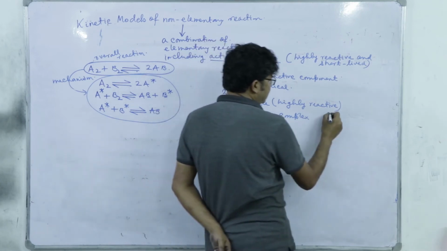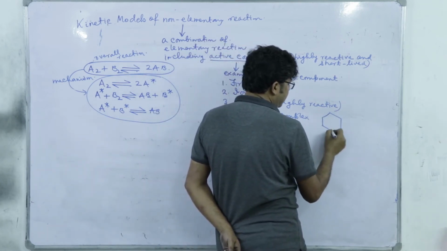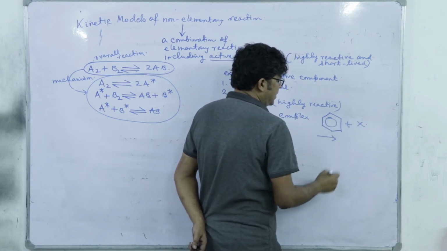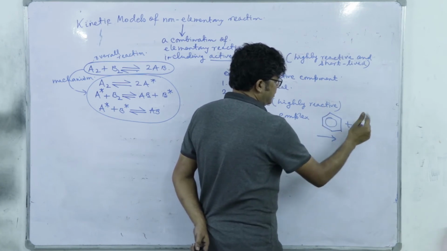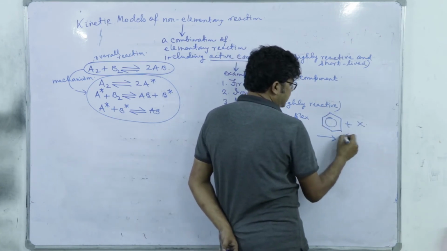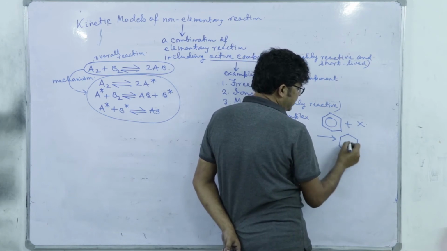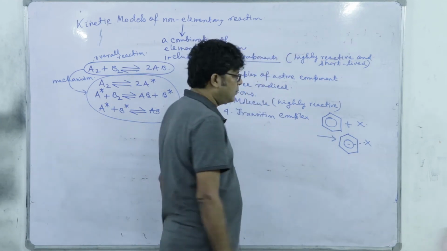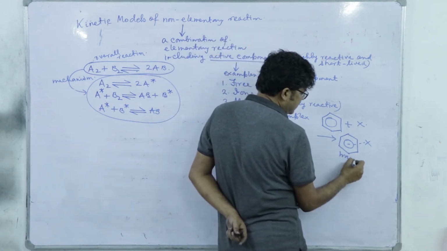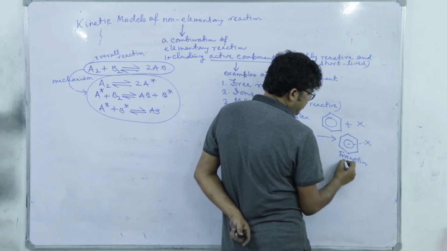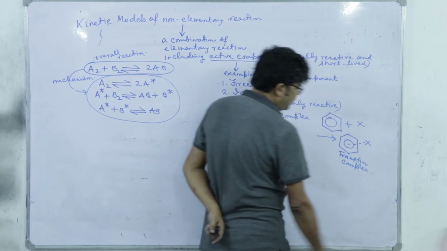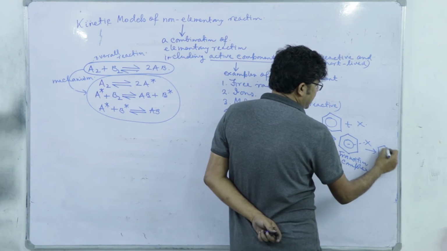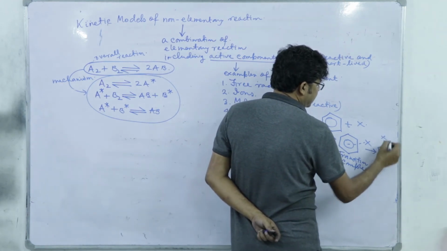Just like a benzene ring, where it is reacting with some electrophilic, positive polarity compound, this electron cloud in the benzene ring will attract it. This is a typical example of a transition complex, which will further stabilize by electronic rearrangement and will give you the product something like this.